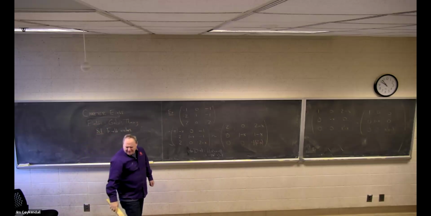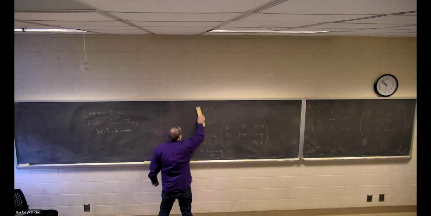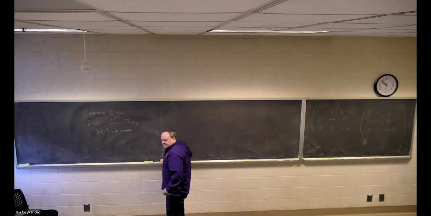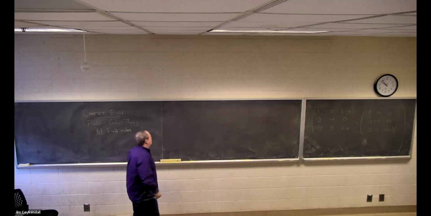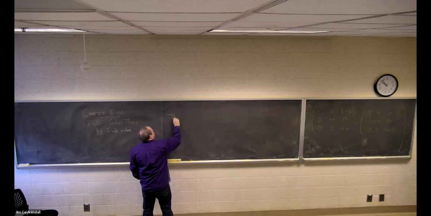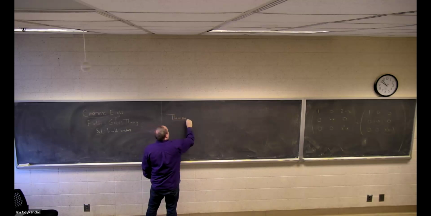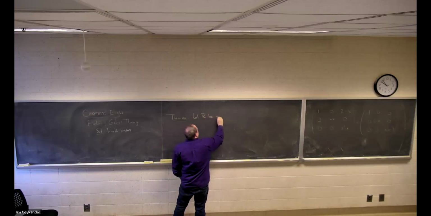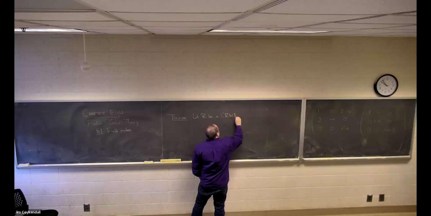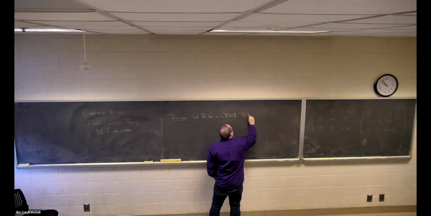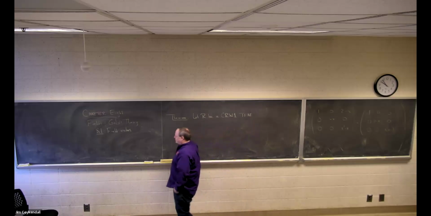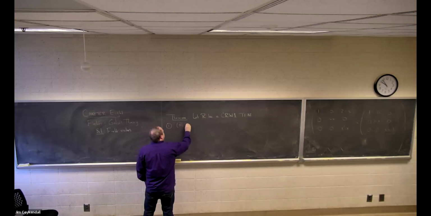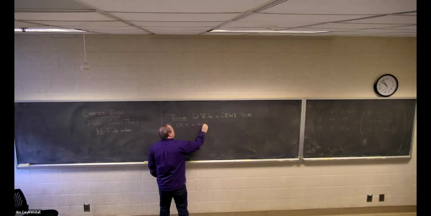First, let R be a commutative ring with identity. The following are equivalent. Number one, 0 is a maximal ideal.